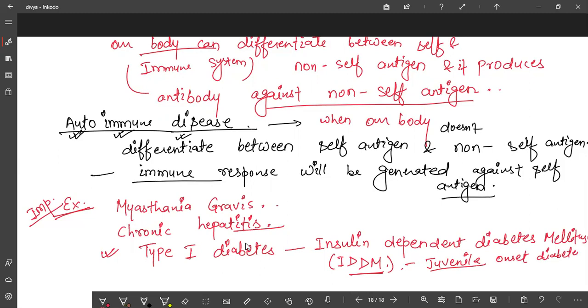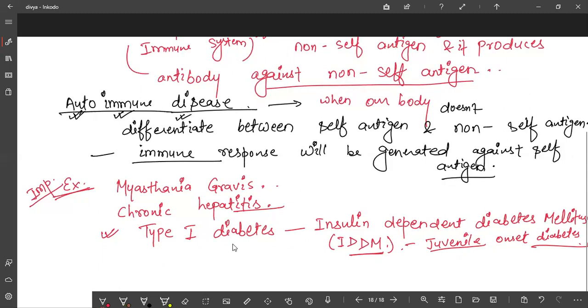And this diabetes is also an autoimmune disease. What is diabetes? Diabetes is when blood sugar level increases. When the glucose or sugar level in our blood is increased, it is called diabetes mellitus.